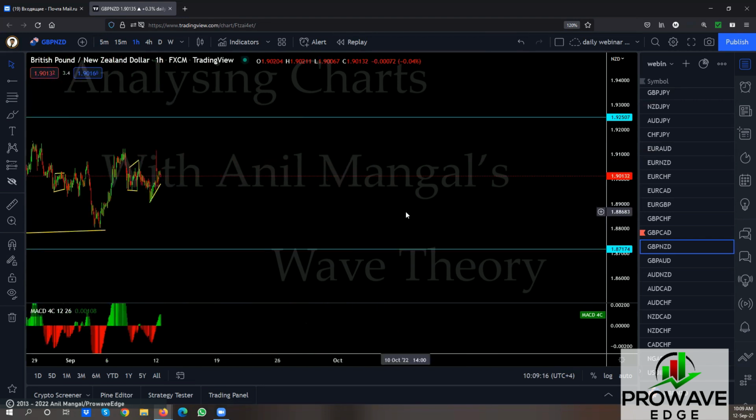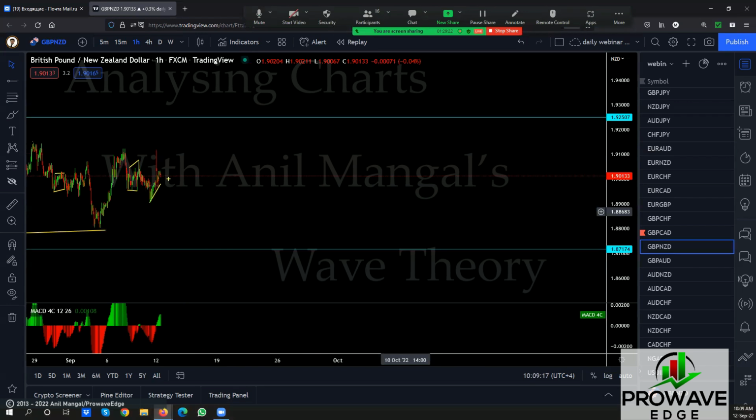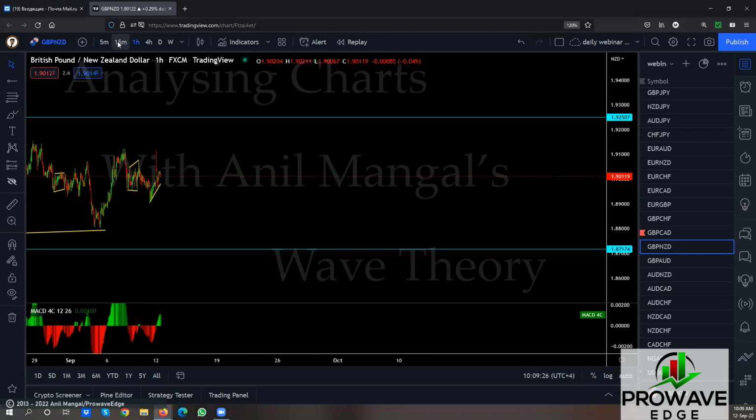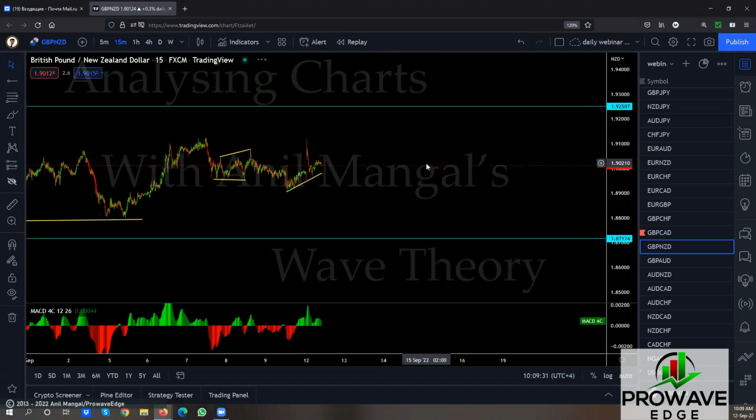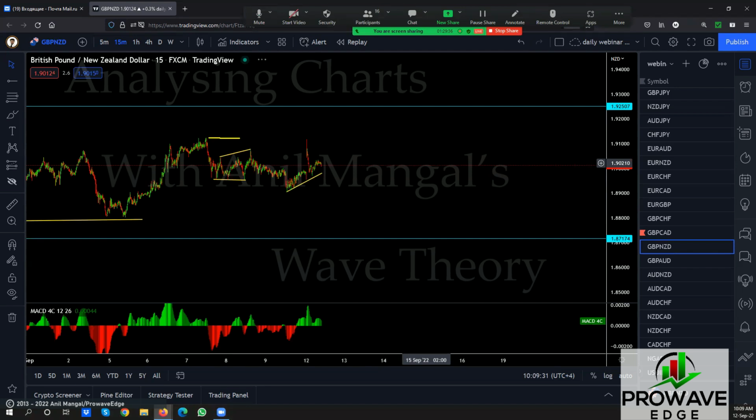So the likelihood is we could be coming down back here and even go back up there, making this a flat. It's a weird one to look for a flat. It is weird because if this had broken the top, you have to check. If that broke the top, that means this could be 1, 2, 3, and this could be coming down.